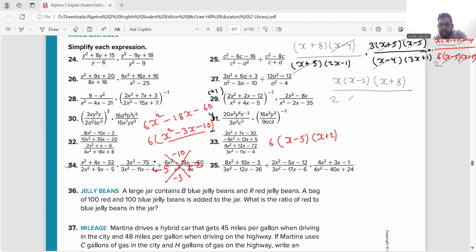Then 2, and then you have 2x minus 1, and then 3x plus 1, and that's the answer. Is that tough? Is it tough or are you getting them? Yeah, I get them. You get them, no problem?